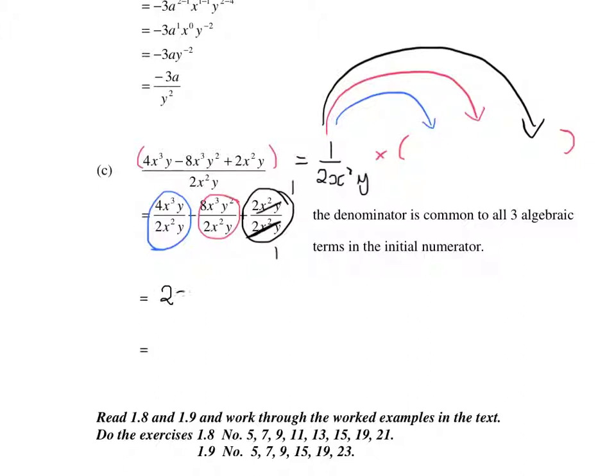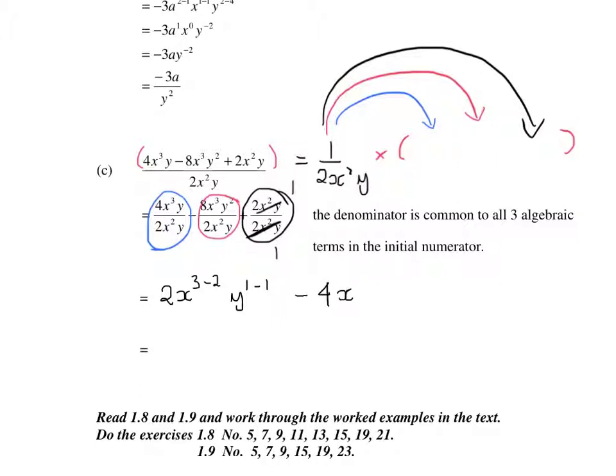Then we've got x to the power 3, bringing up the x squared, the exponent changes sign, and then we've got y to the power 1 in the numerator and y to the power 1 in the denominator, so they actually divide out. In the second term, we've got 8 divided by 2, so that's 4.